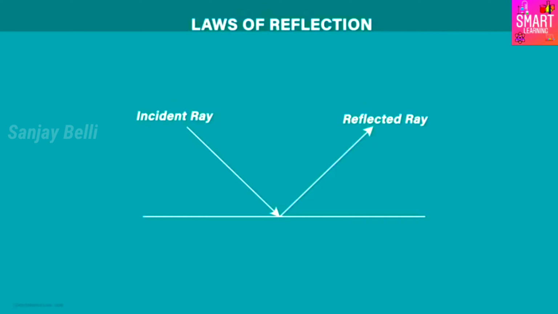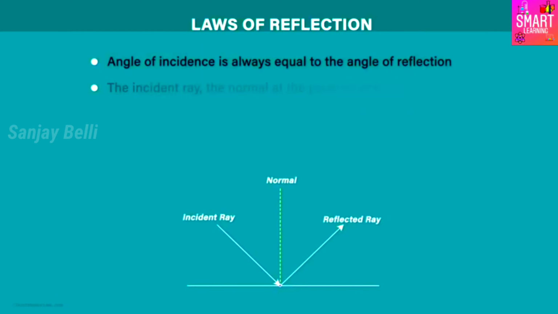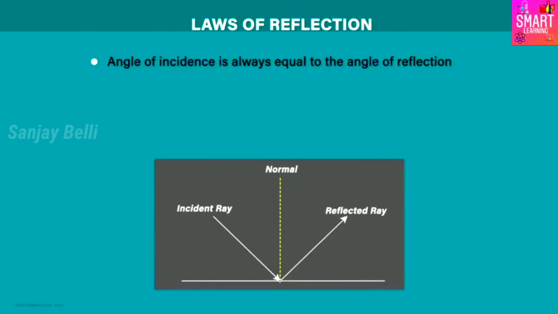Draw a perpendicular to the surface at the point of incidence. This line is called the normal. Here are the two laws of reflection that any light ray obeys. To understand the first one, we first need to know what the angle of incidence and angle of reflection are.